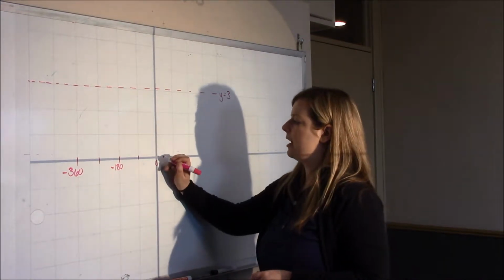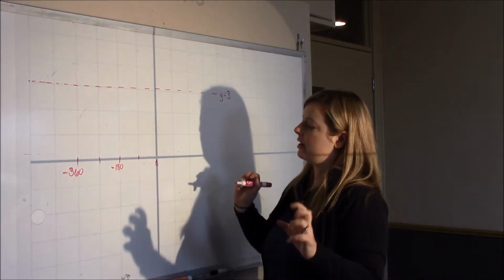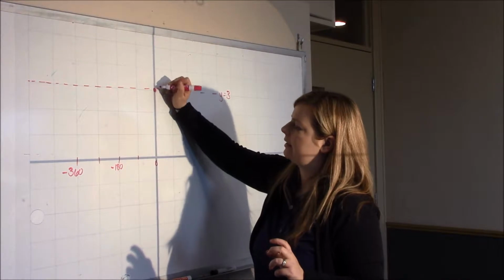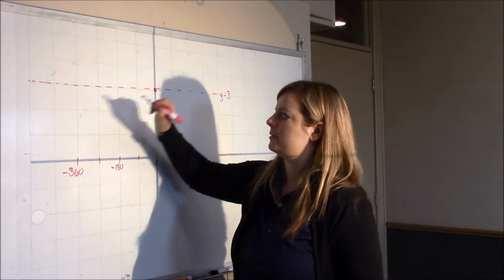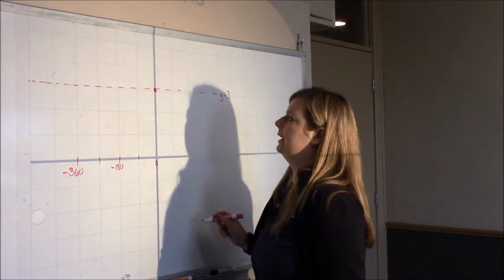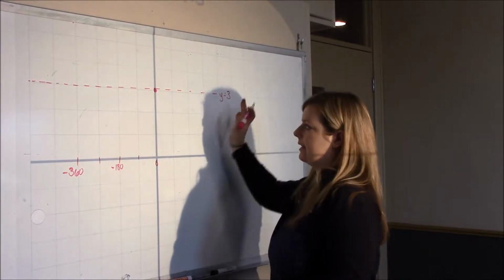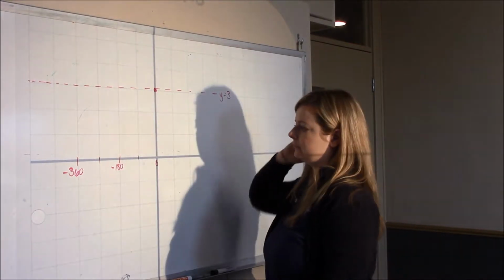So when you think about where you're quote-unquote starting, you still start here, it's just that you're going this way, so start, end, middle, instead of going this way. Okay, that's what reflecting means.